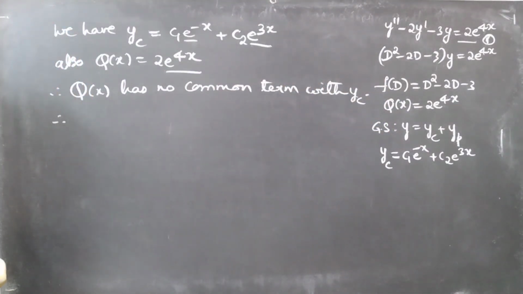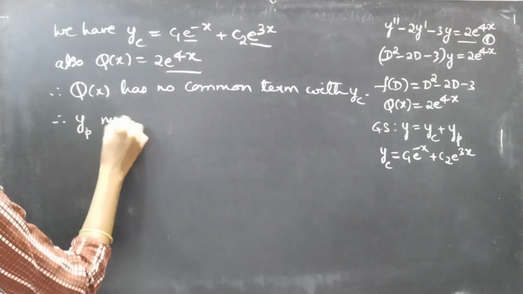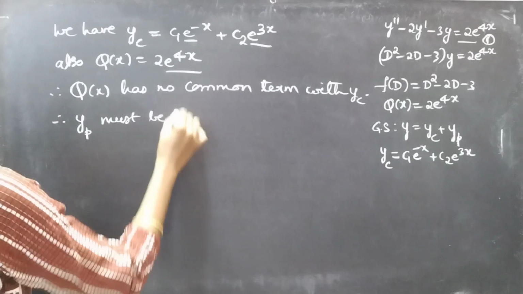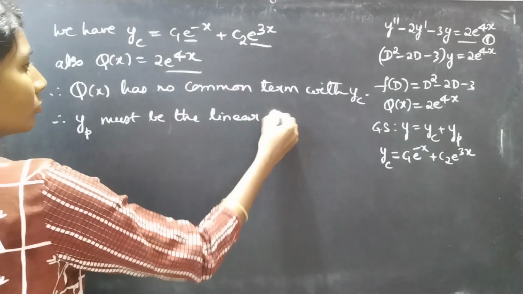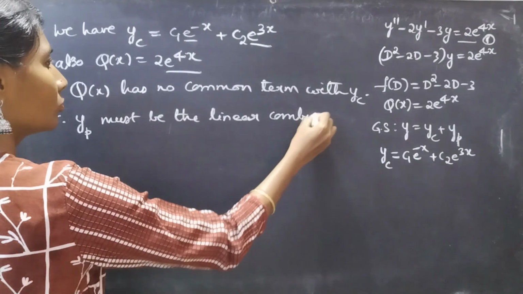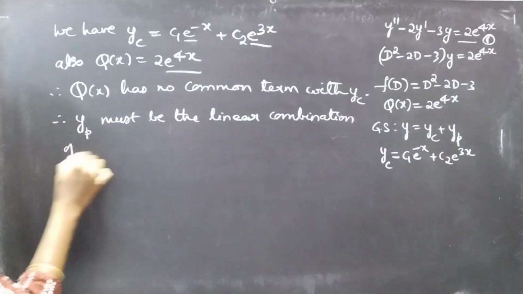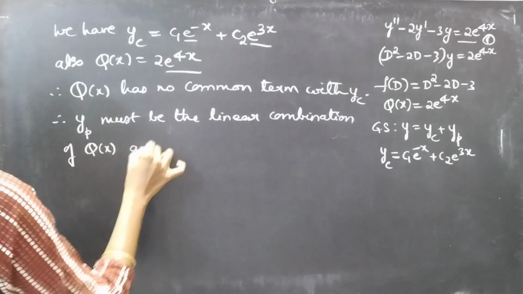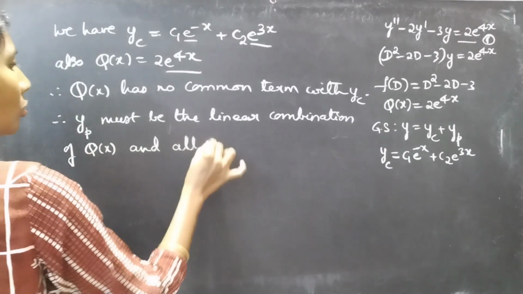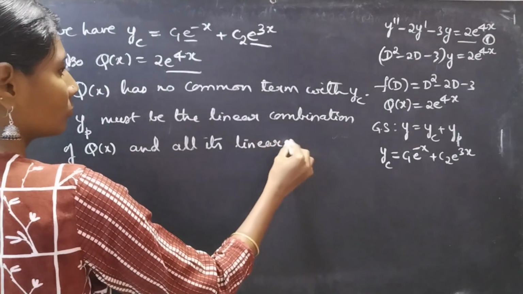Since q of x has no common term with yc, then yp must be the linear combination of q of x and all its linearly independent derivatives.